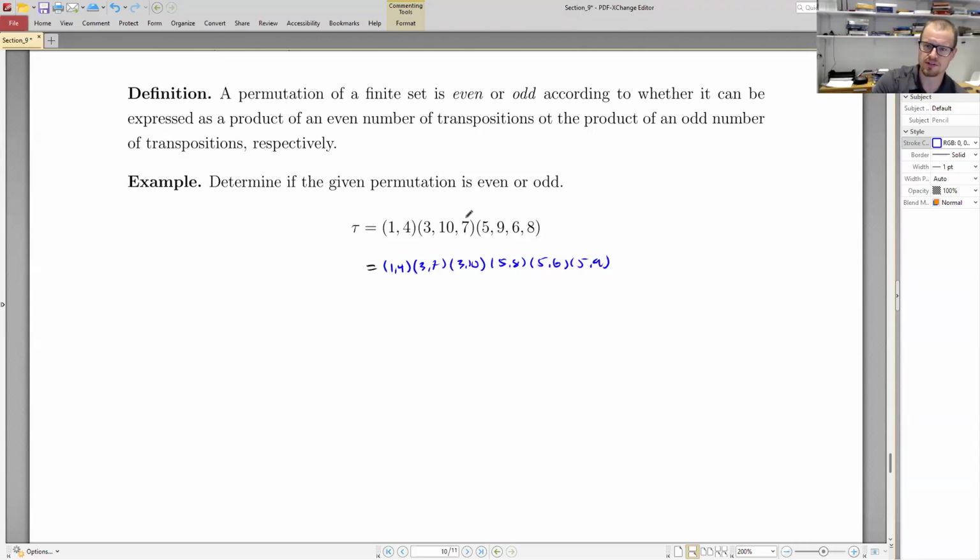That is, 3 goes to 7, then 3 goes to 10; 5 goes to 8, 5 goes to 6, 5 goes to 9. That's what I've done there. So there's 1, 2, 3, 4, 5, 6 transpositions. 6, of course, is an even number. So tau here is an even permutation.